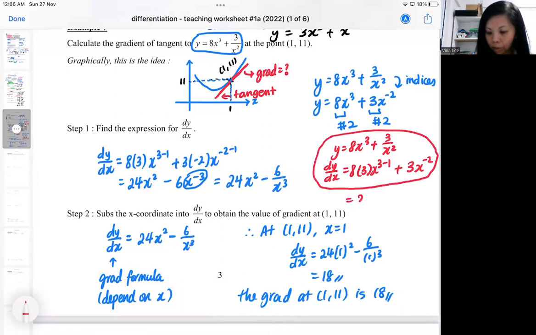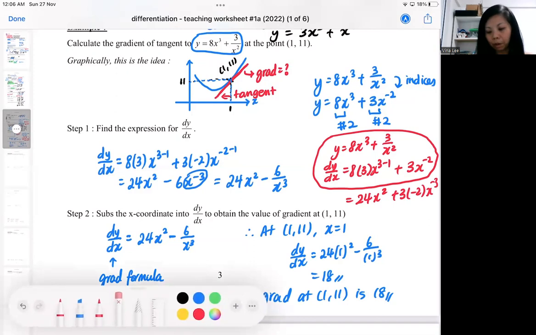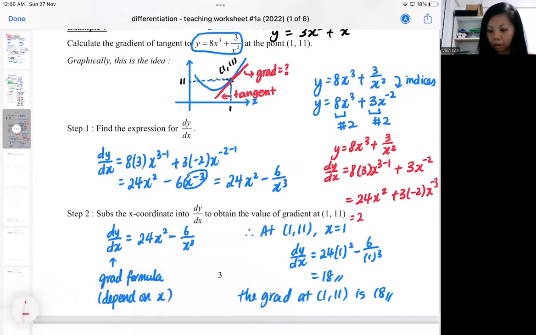The student will just continue, and eventually the student will get the right answer. But actually, the teacher will penalize for wrong presentation. Eventually this student will get the same answer, but it is still considered wrong presentation.